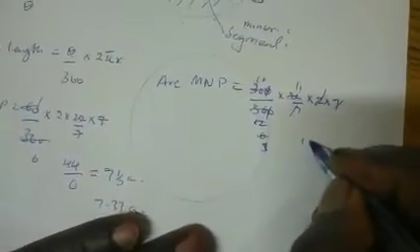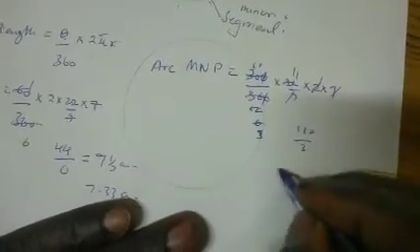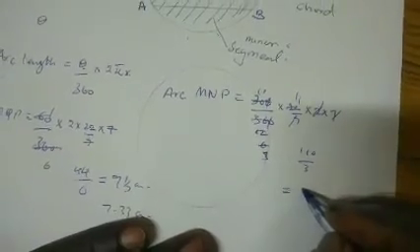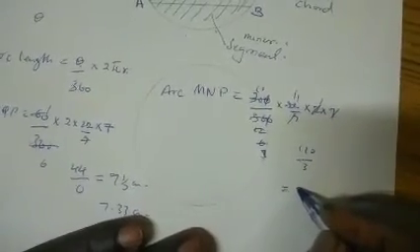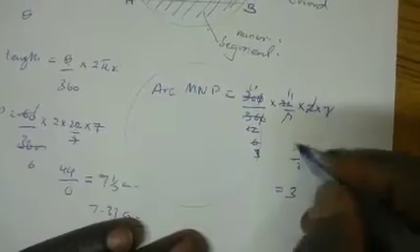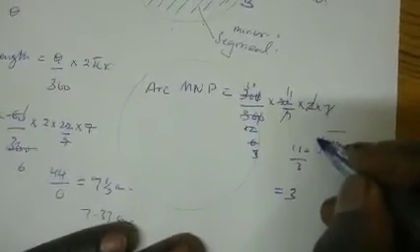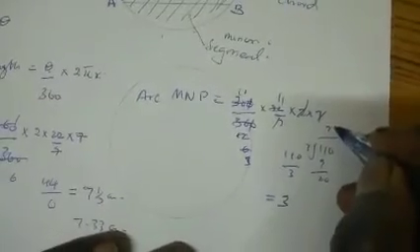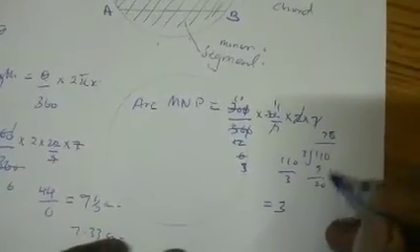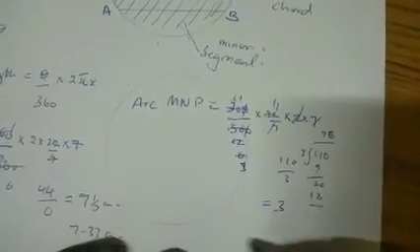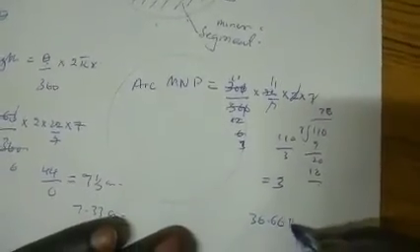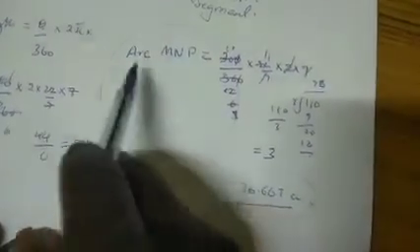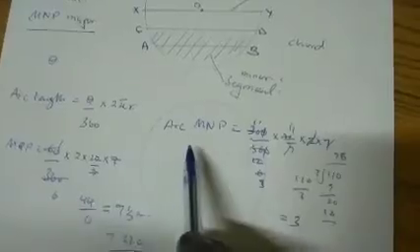So we have 110 divided by 3, that is 36.66 recurring, which is 36.67 centimeters. So that will be the length of the arc MNP.